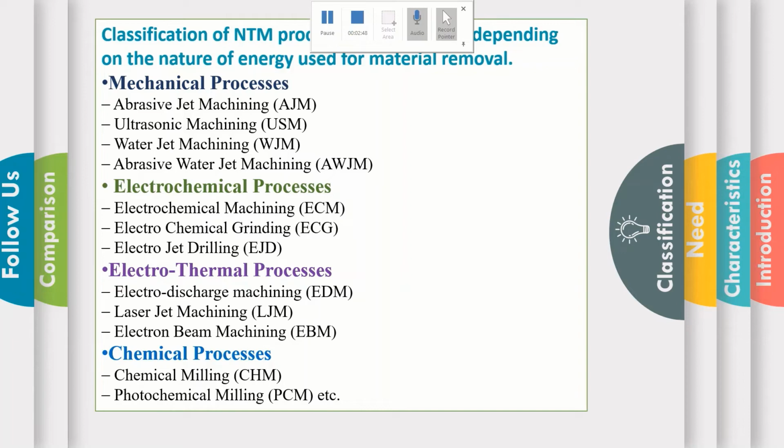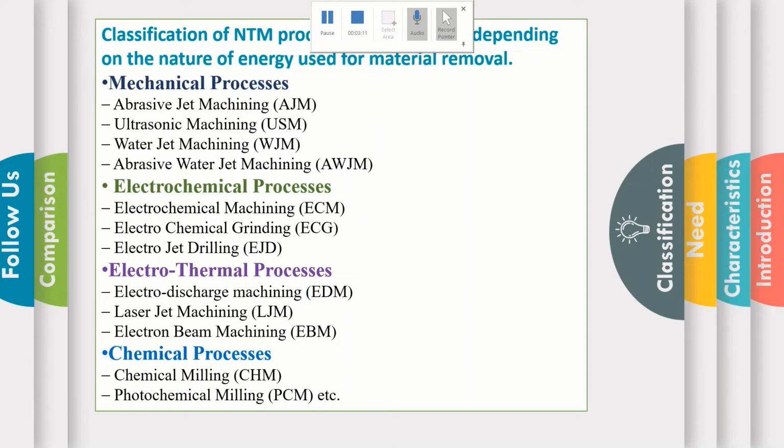So again, depending upon chemical energy, there are two types of this chemical process. First is chemical machining or milling, and second is photochemical machining. It is called PCM. This is the overview of classification of non-traditional machining processes.